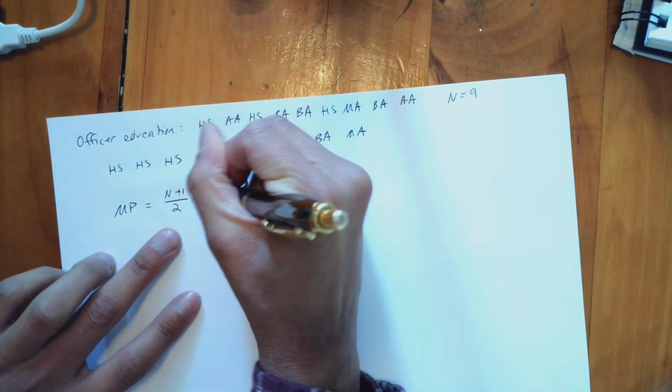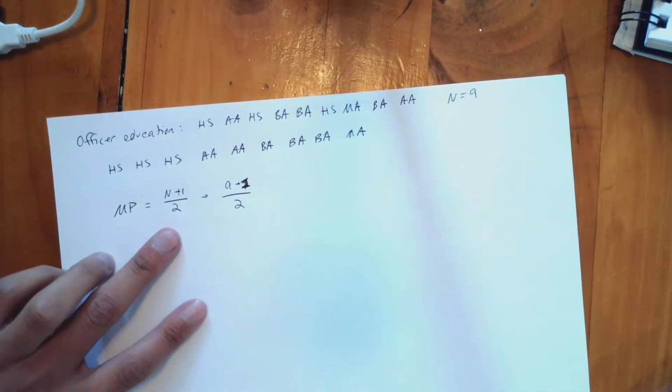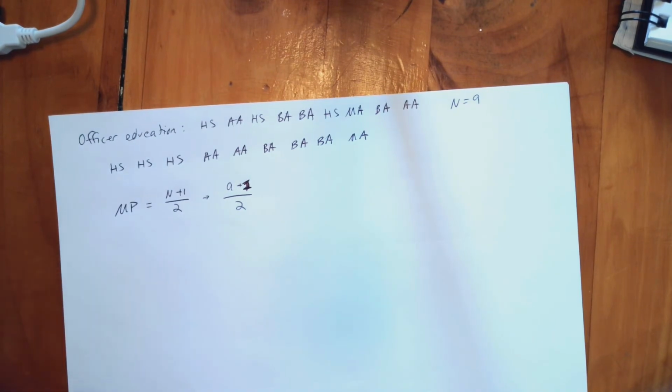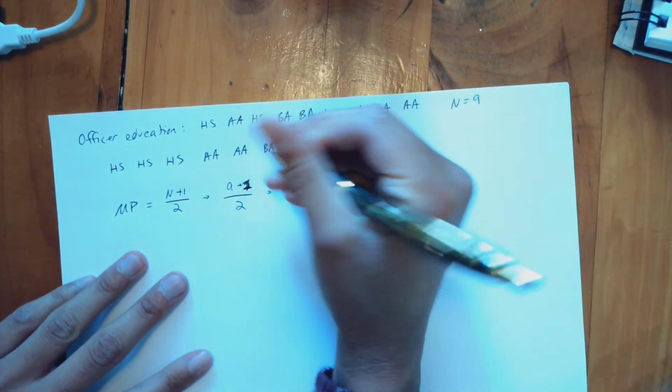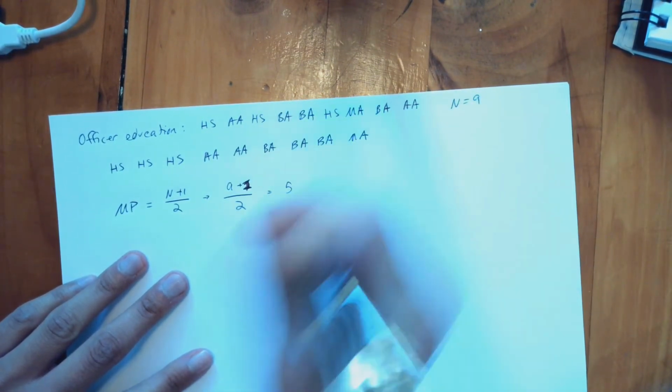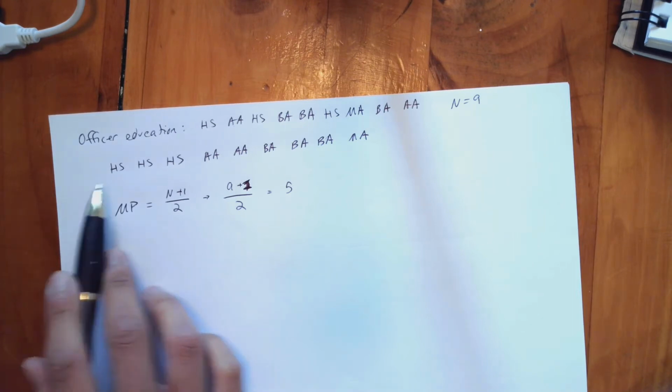Plus 1 over 2, not 9 plus 2. So we have our median position formula here, which is 9 plus 1 over 2. If you add this up and divide it, you get a median position of 5. This means that your median is going to be in the 5th position as you count out here.